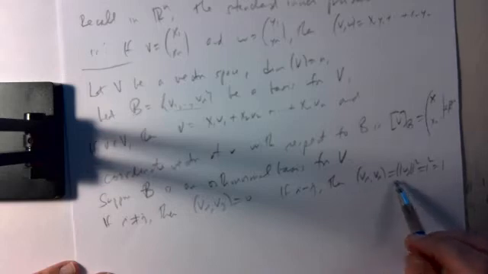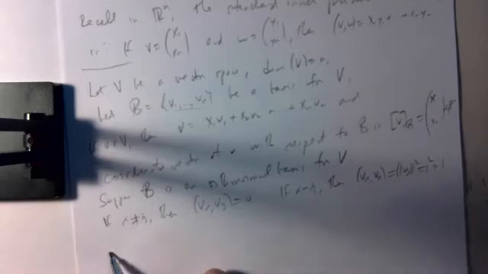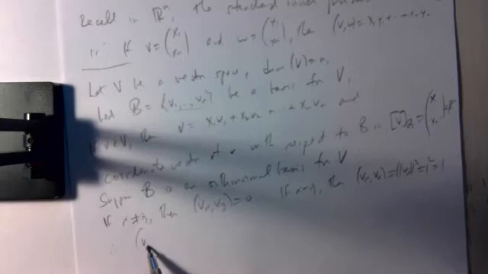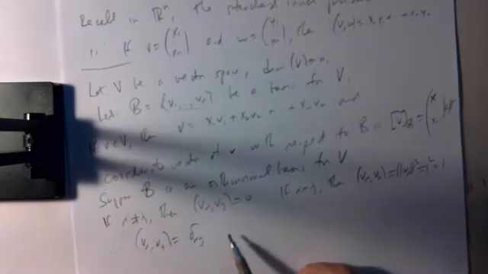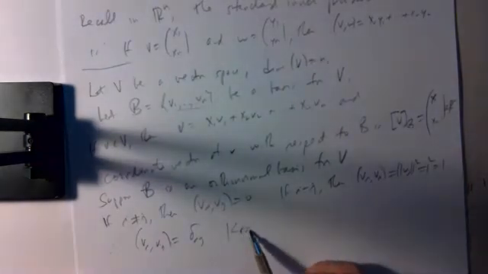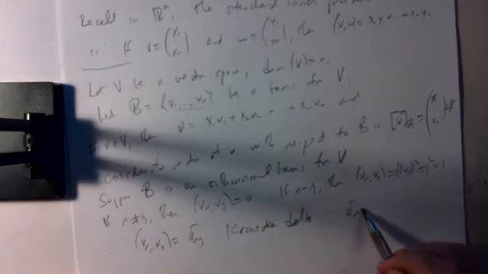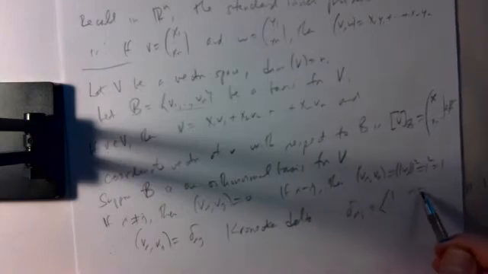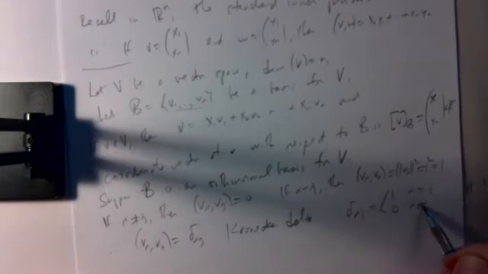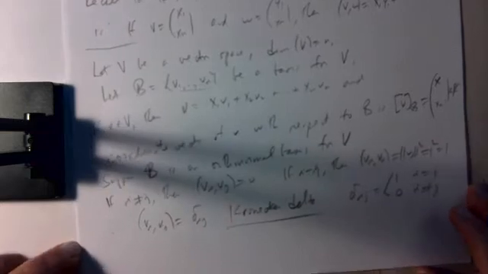So the inner product of vi with itself is 1. In other words, the inner product of vi and vj is this function we call the Kronecker delta. That is, delta ij is 1 if i equals j and 0 if i is not equal to j.